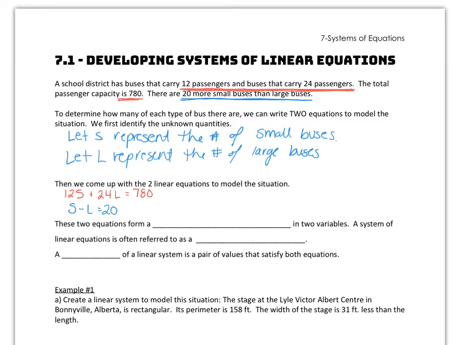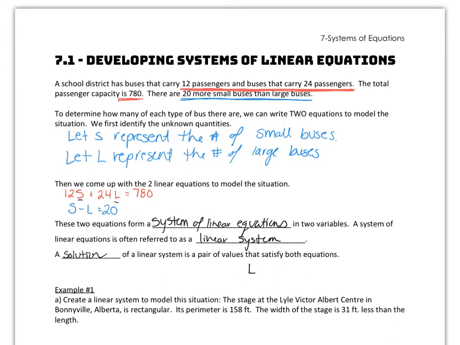These two equations form a system of linear equations in two variables. Two variables because we have S and L. We don't have three variables. A system of linear equations is often referred to as a linear system. A solution of a linear system is a pair of variables that satisfy both equations.